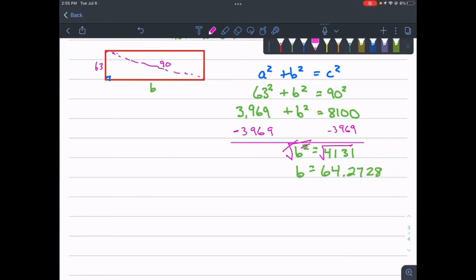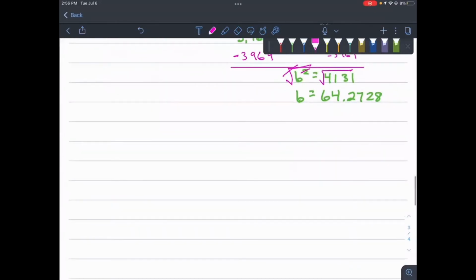So B equals 64.2728. And remember, we want to round to the nearest tenth. So we're going to underline the 2. That's the number that could potentially go up or stay the same. Since the number next to it is 5 or more, that means the 2 is going to round up.